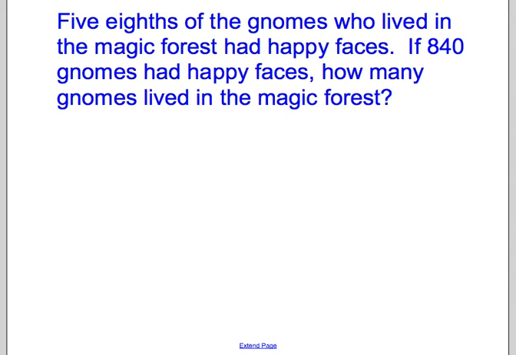All right, so here we're given a fraction, and we're given 840 gnomes had happy faces. So then we're asked what? How many gnomes lived in the forest? That's asking for a total. So our fraction is the 5/8. I'm going to give myself just a little bit more room here. So 5/8 is the fraction.